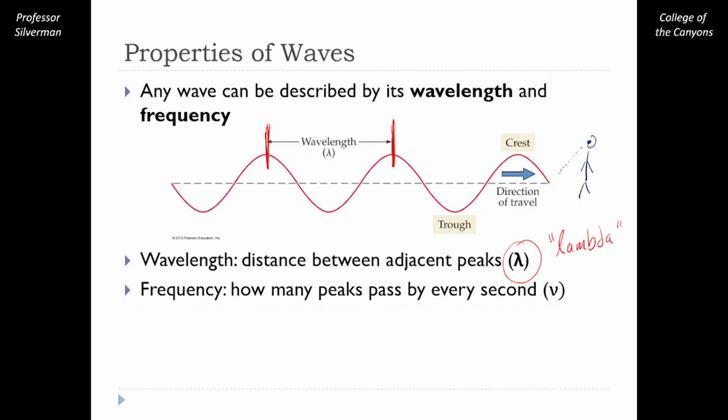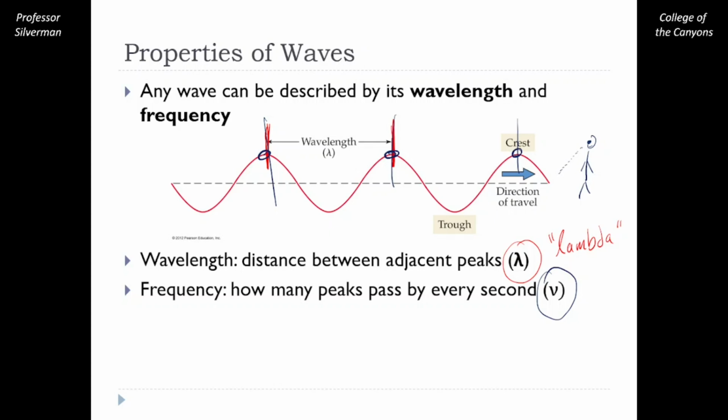I like to think about this as kind of the tempo of our waves. If you've listened to music or played music, we can think about each wave passing by as maybe one beat of our music. So every time we're standing there watching it, we can make a beat every time we see one of those peaks.